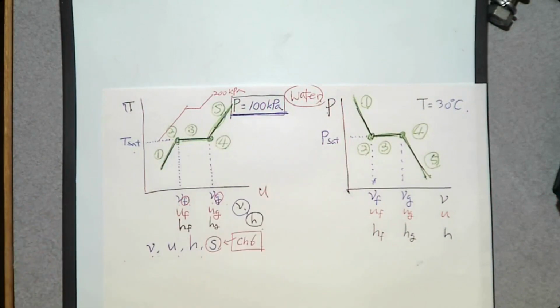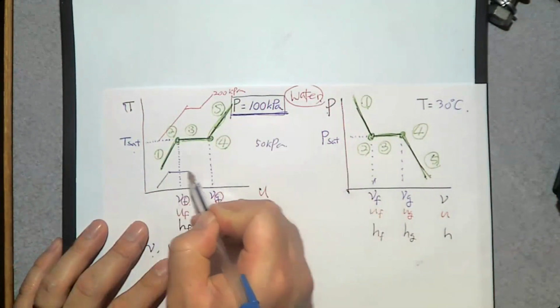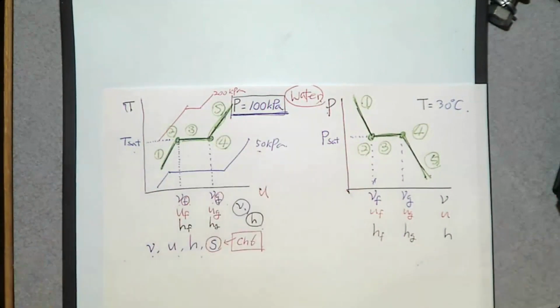What about if the pressure is less than this value? Let's say 50. If the pressure is only 50 kilopascal, then the graph is below here. 50, 60, 70, 40, 30, etc. Okay?